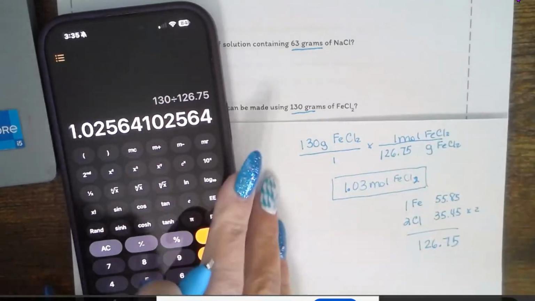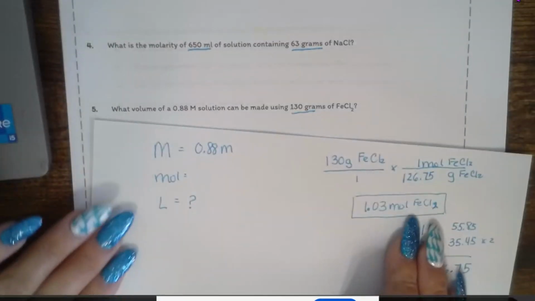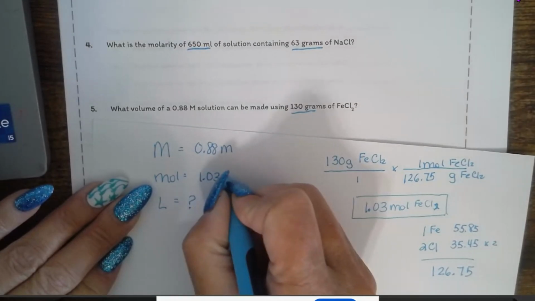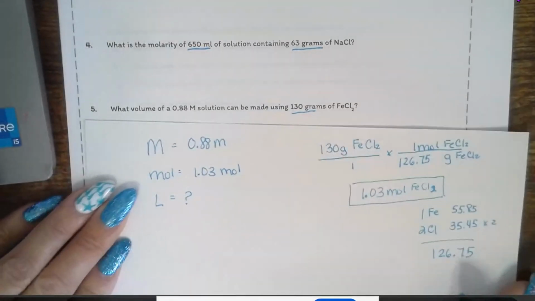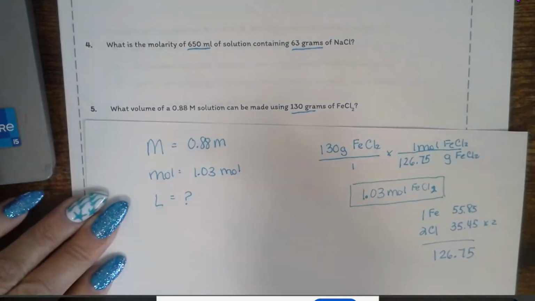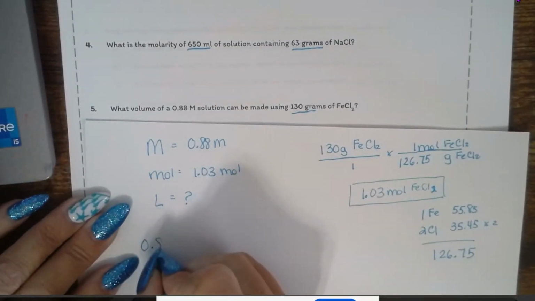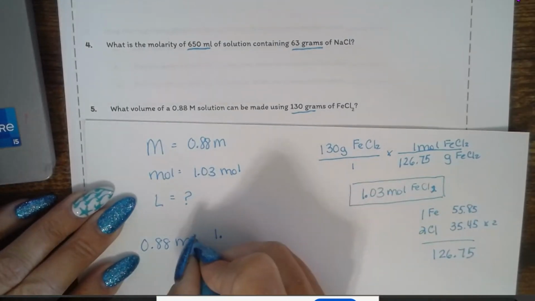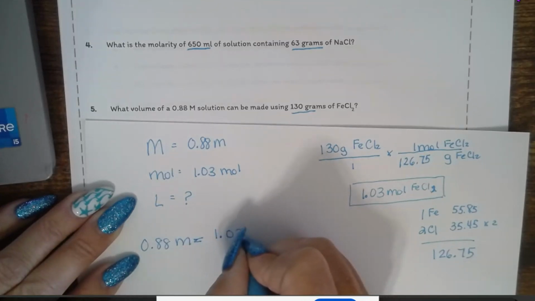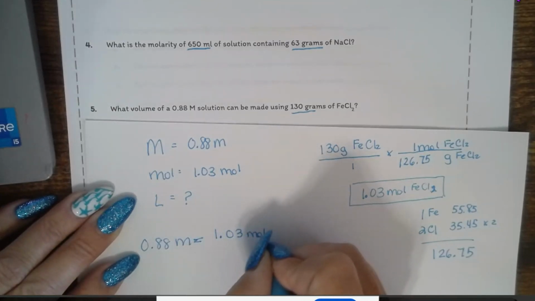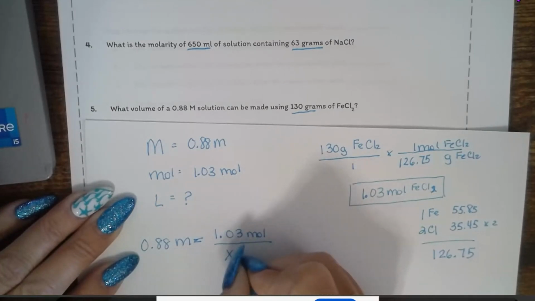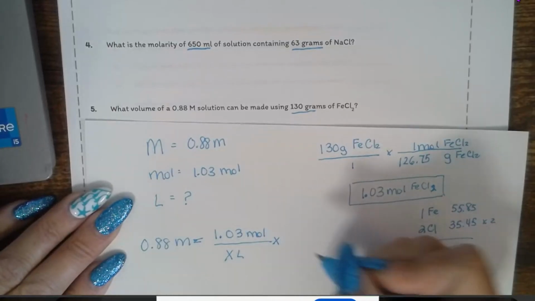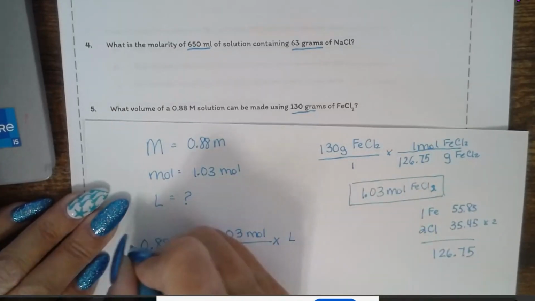All right, now do we have moles? We have 1.03 moles. We can plug this into our formula. So 0.88 molar is equal to 1.03 moles over X liters. I'm going to multiply both sides times liters.